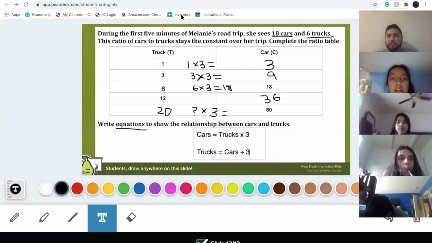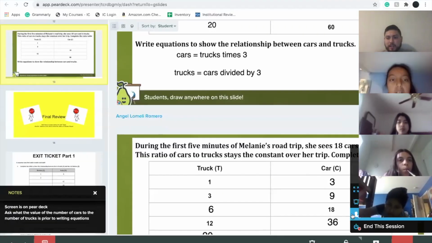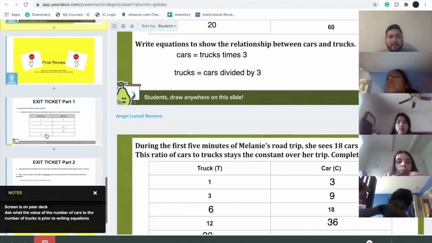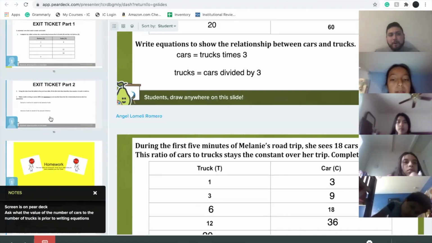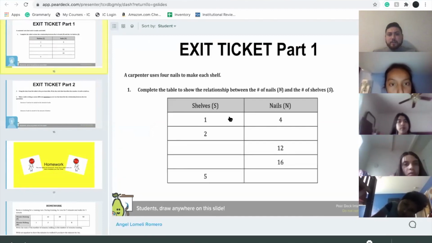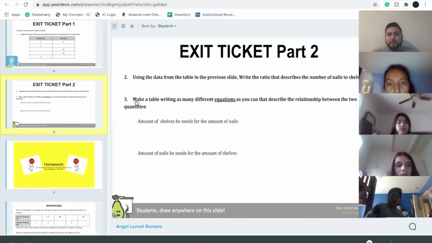And let me make sure it's on student paste, because your next slide is the exit ticket on slide 15 and 16. You need to complete both of those slides. So here's slide 15. You're going to complete the table first. In slide 16, there's 2 things.